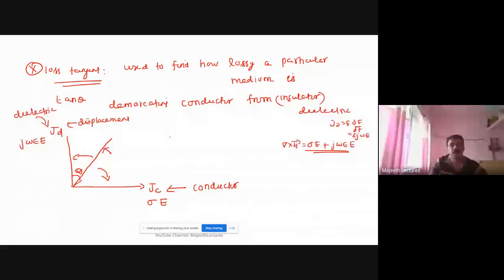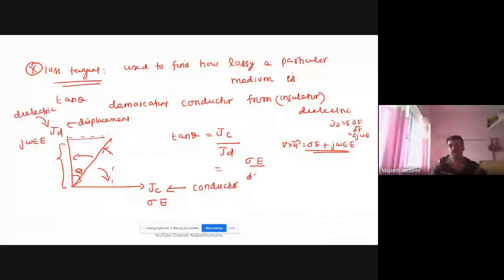Now I take tan theta. Tan theta is nothing but opposite by adjacent. What is the opposite side? This is theta, and the opposite side is JC. Adjacent is this side, JD. That is equal to JC, which is sigma E, divided by omega epsilon E. Cancel E, and that will give sigma by omega epsilon. So tan theta is equal to sigma by omega epsilon.